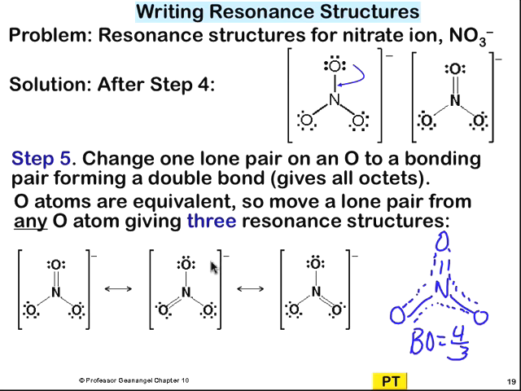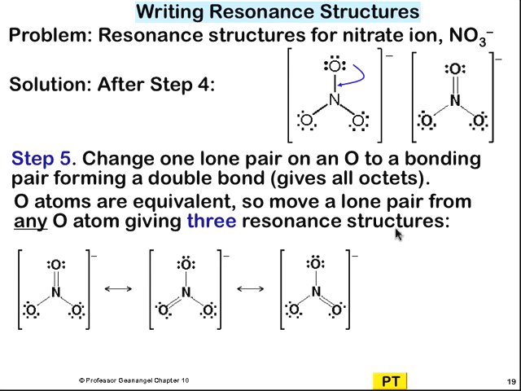Now, these have been pretty simple cases because all of the resonance forms look almost exactly the same. That is to say, the only difference is the position of the double bond here. That is not always true, so the next thing we need to do is to decide how to deal with the cases where it's not true.